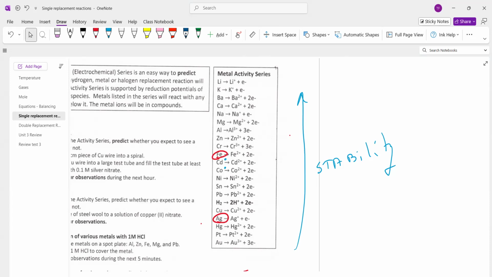So the question is, burn this in your mind. If the metal, the one with the 0 superscript, is higher, it goes, because it wants to oxidize more than the other.